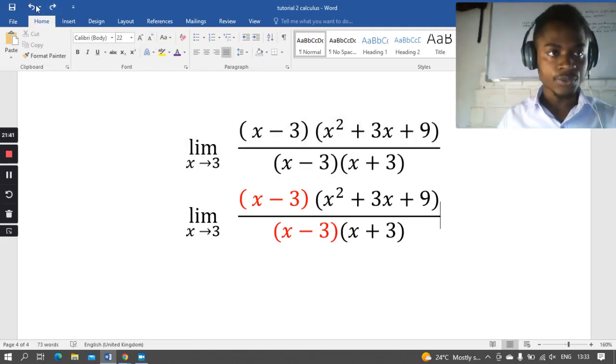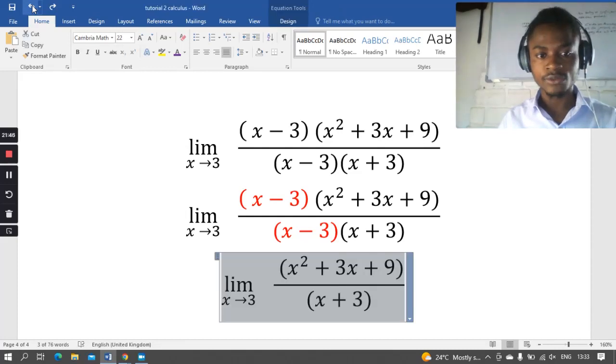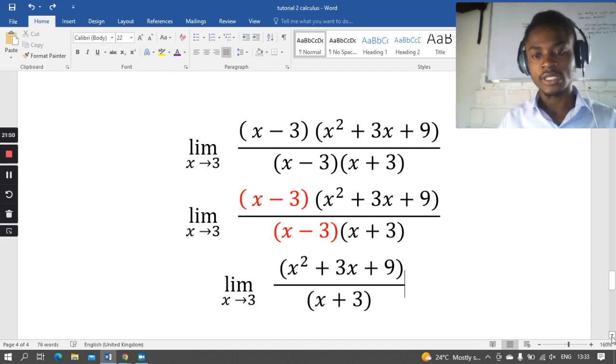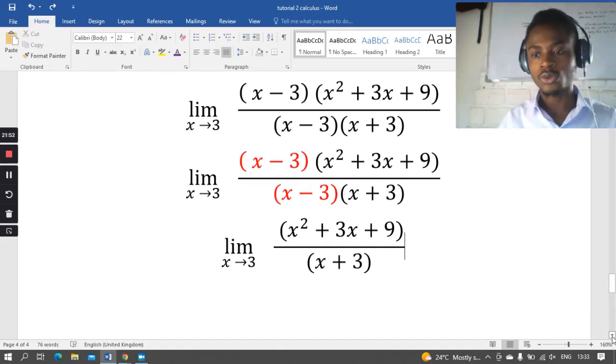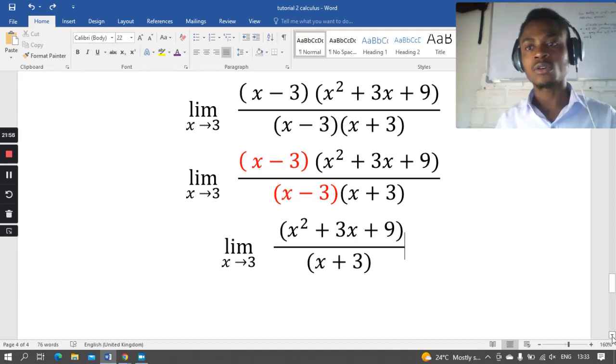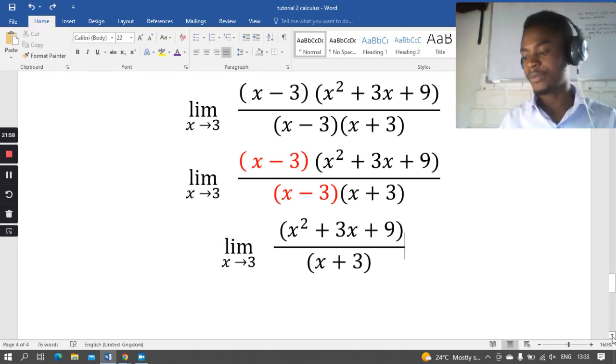When those terms in red cancel each other, what are we going to have? This is the expression we are going to have, which is x squared plus 3x plus 9 over x plus 3.